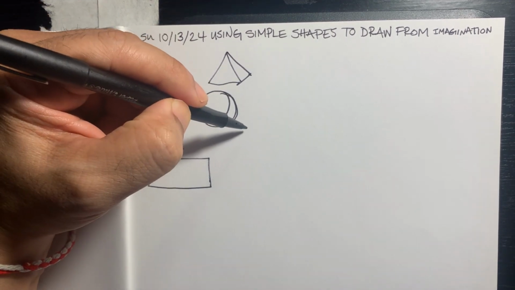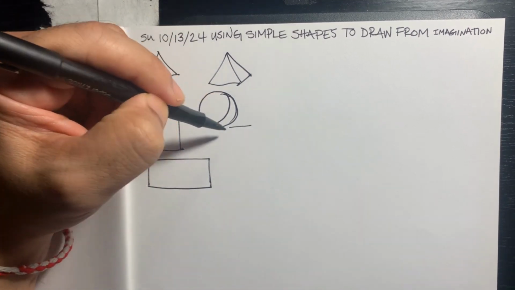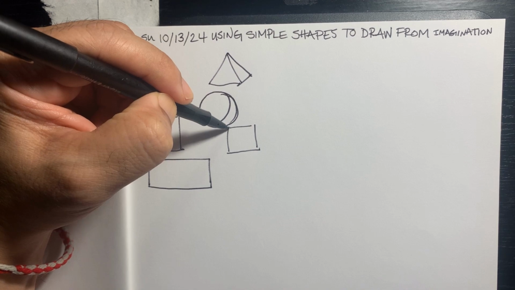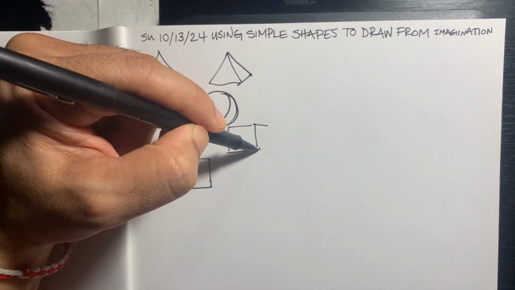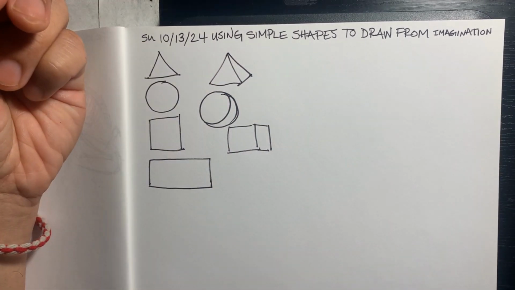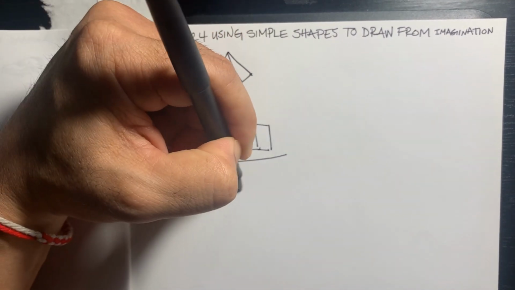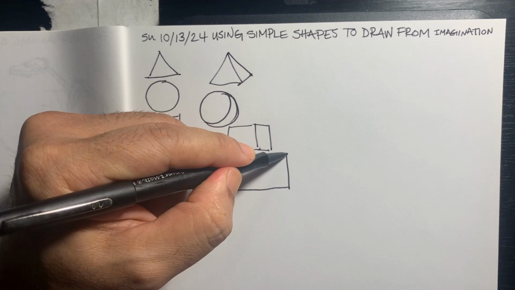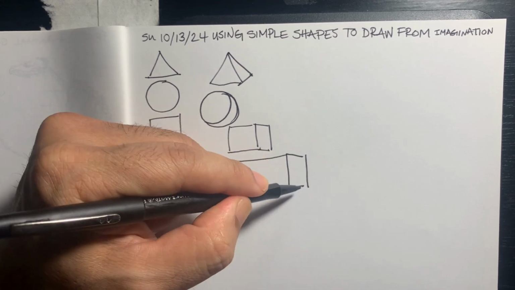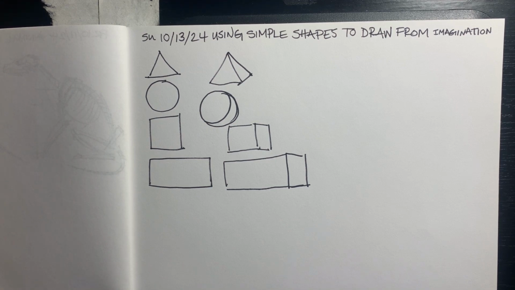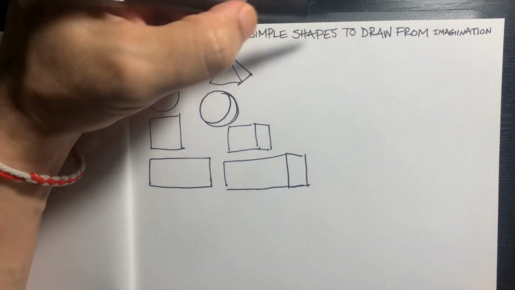For the cube, the square, make it into a cube by just giving it another side. Same with the rectangle. Just give it another side to it. And then you can move it in 3D space.